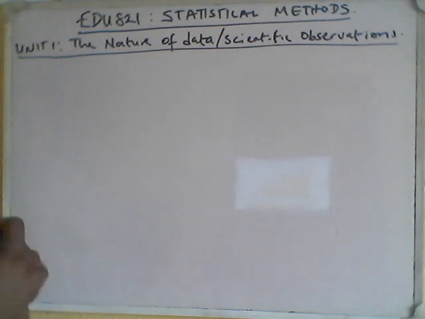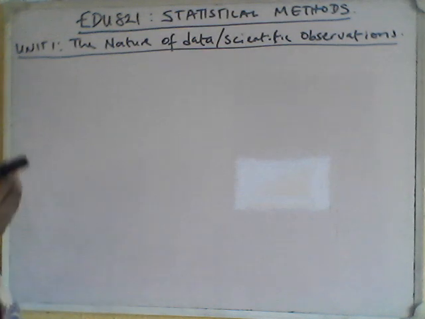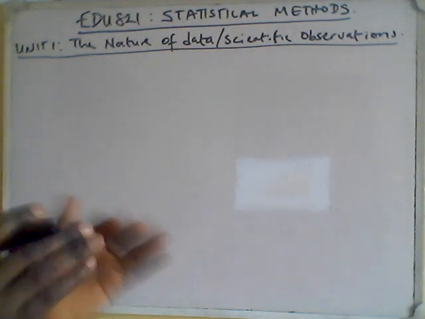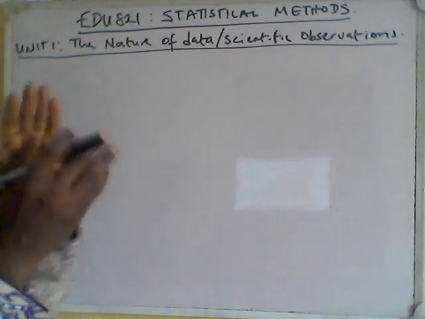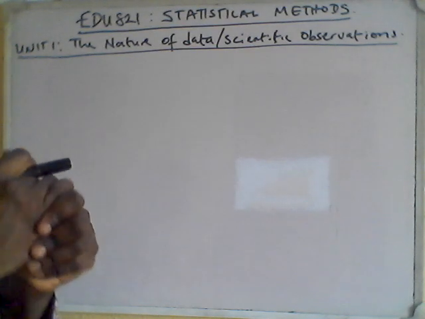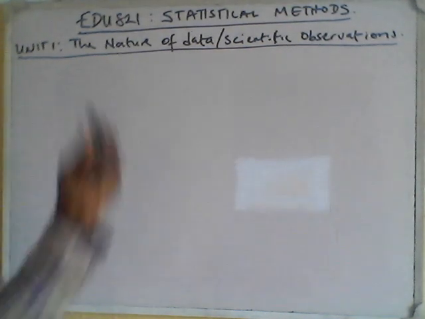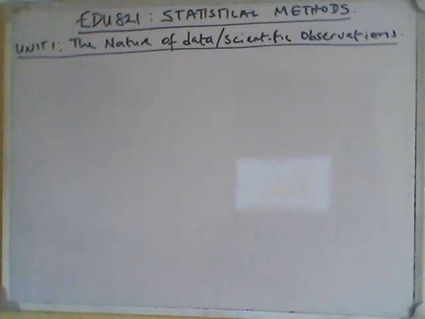Number 4, you'll be able to identify various types of statistics. Number 5, you'll also be able to distinguish between statistical methods and educational statistics. And finally, under this module, you'll be able to appreciate the importance of data in your daily life. So stay tuned to the end of the video to get all these concepts and information.